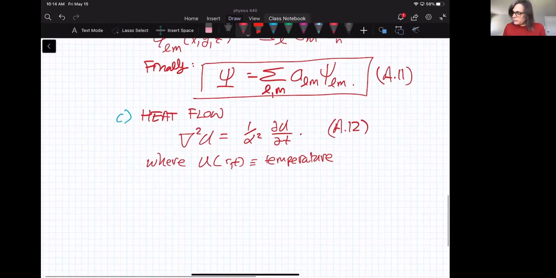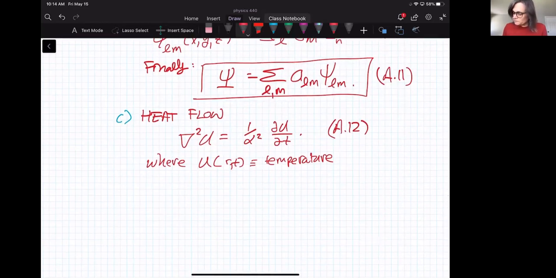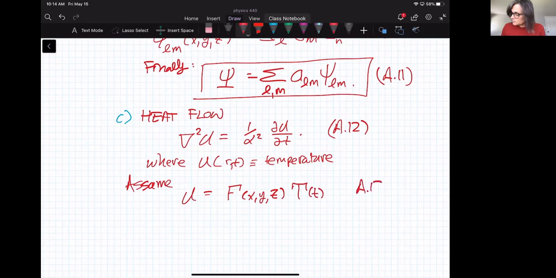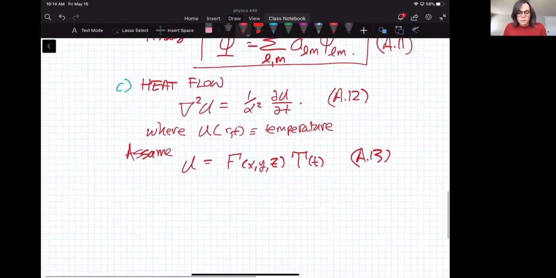So in this case, we're going to assume a solution that breaks this apart into spatial and temporal terms. So assume a solution u is equal to capital F of x, y, and z, and capital T of t. All right. So we've separated out basically space and time dependencies.